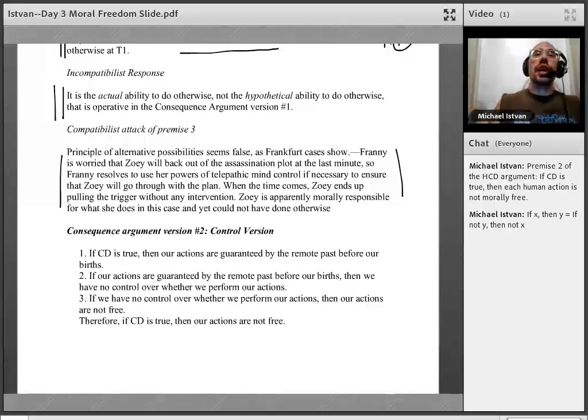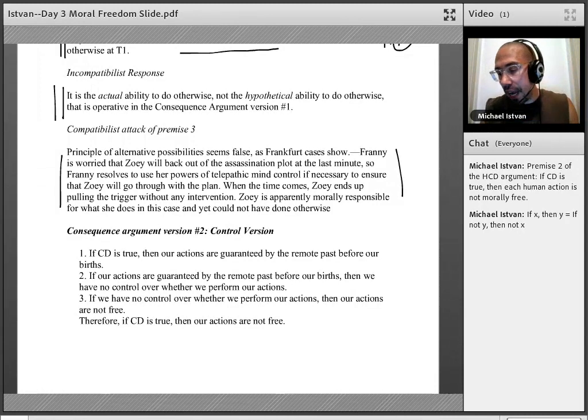We can then turn to that watered-down version of PAP, the principle of alternative possibilities, and the compatibilists could even try to attack that with what's known as global-style Frankfurt cases. There are dissertations still being written today on whether Frankfurt cases really do succeed in showing that the principle of alternative possibilities is false.